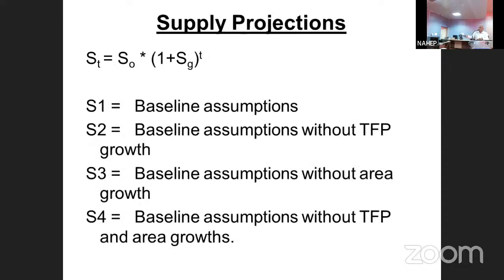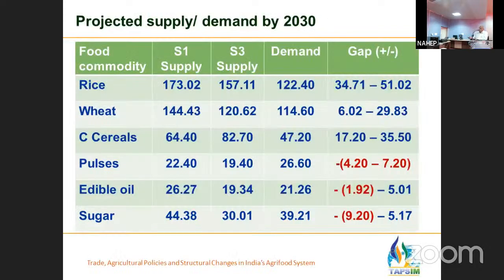Once you estimate the supply growth, you can predict the supply using the baseline supply. This is the baseline assumption, and then under different assumptions we are able to estimate this. So here your supply is C01, C02, and then we have the demand.